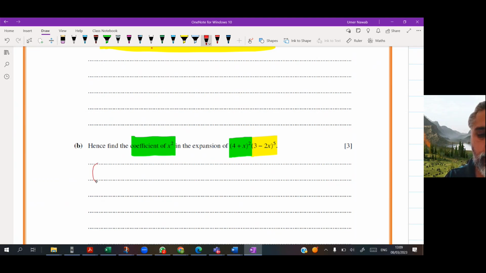First thing is, what is the expansion of (4 plus x) whole squared, which is 4 squared plus 2 times 4 and x, then x squared, so it will give you 16 plus 8x plus x squared.